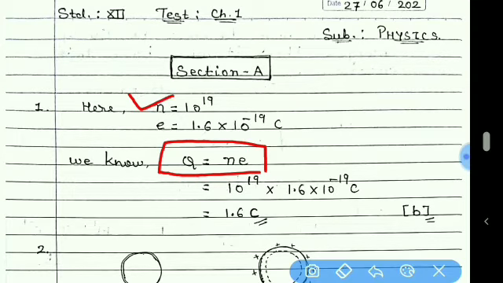Here N is given and the charge of an electron is 1.6 into 10 raised to minus 19 coulomb. So by putting the value of N and E and then solving, we will get 1.6 coulomb. So in this, option B is correct.